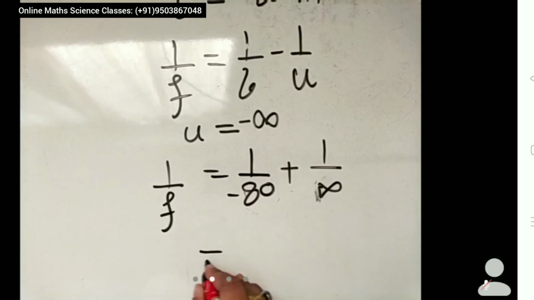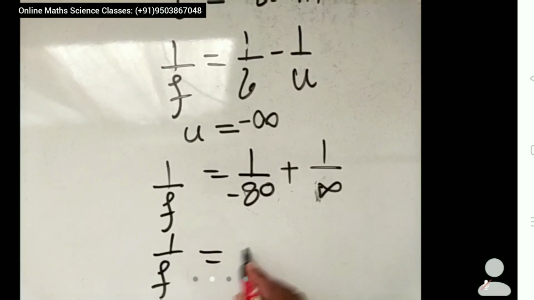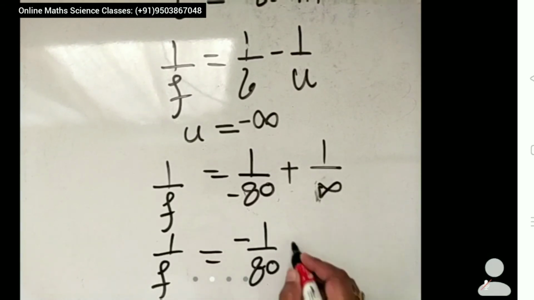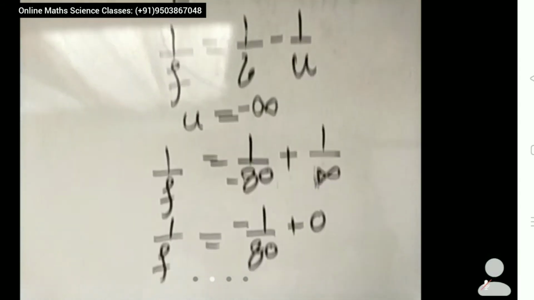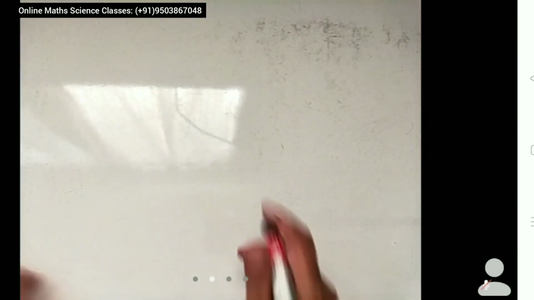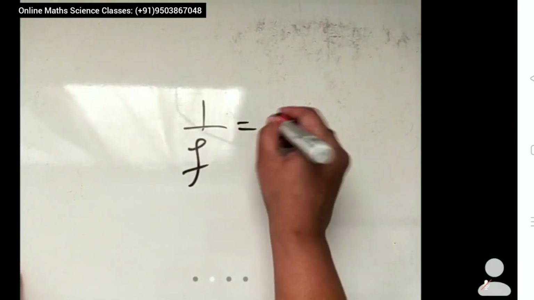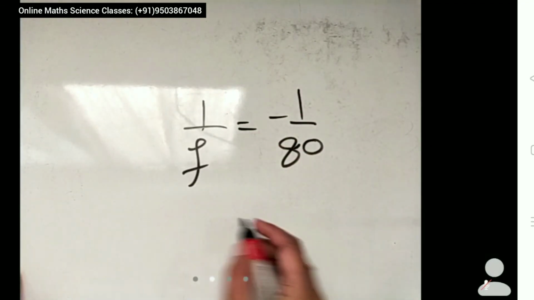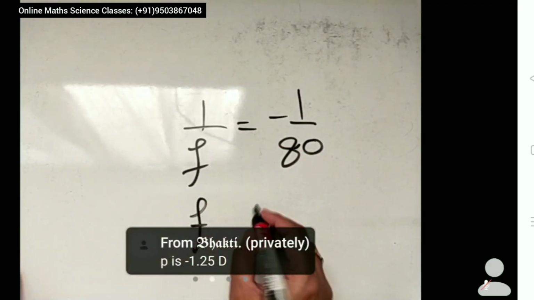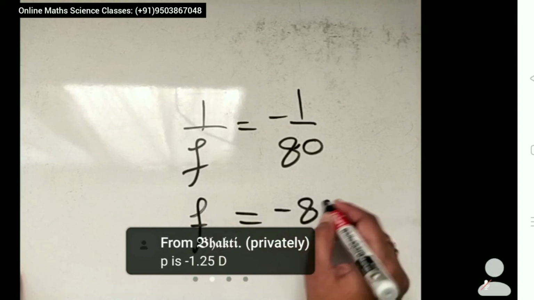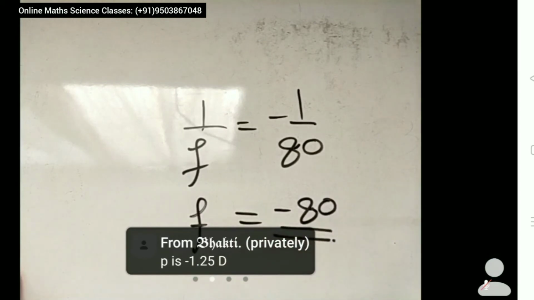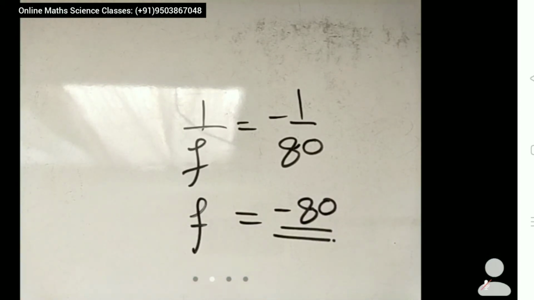And then you will write 1 upon f is equal to minus 1 upon 80 plus 0. Minus 1 upon 80 plus 0 means 1 upon f is equal to minus 1 upon 80. So f is equal to minus 80.